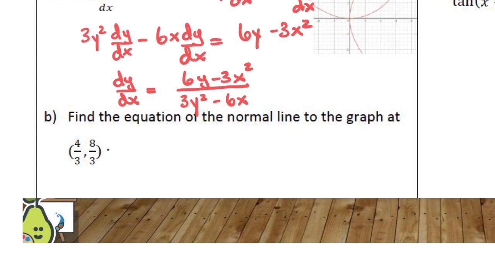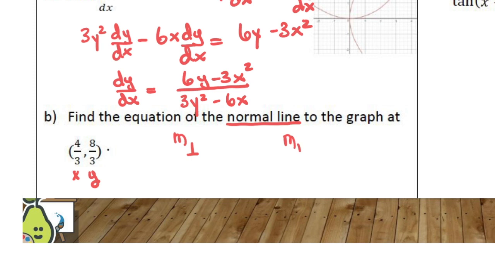So for question B, find the equation of the line that's normal. Now remember, if it was just a tangent line, you would substitute in for dy dx. But because it's normal, you want to find the slope of the perpendicular line. We're going to substitute the x and the y in.